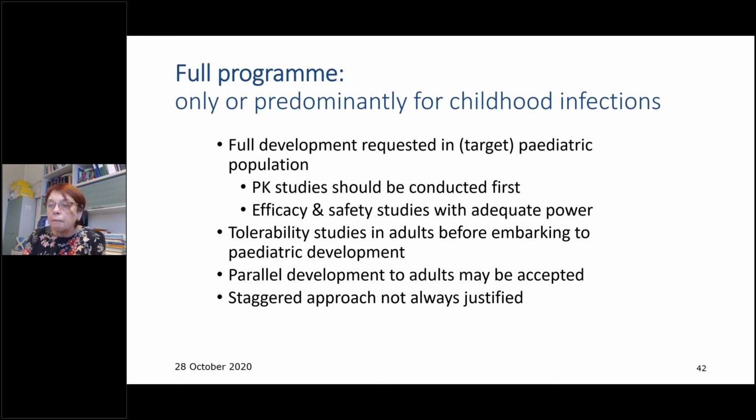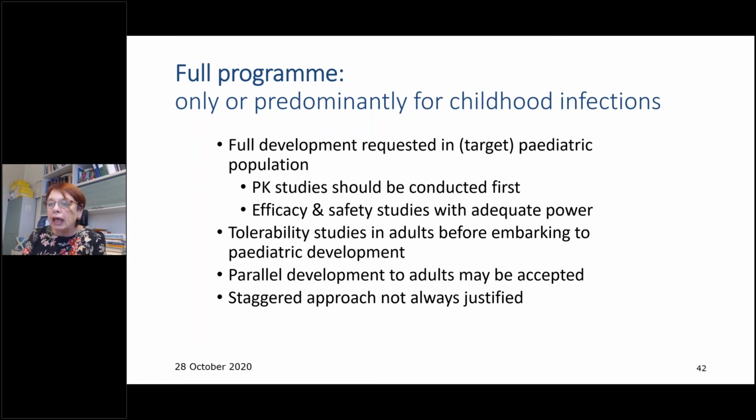And more, the pediatric committee of the European Medicines Agency encourages companies to do parallel development. So if you already have first data in pediatric phase 1 trials, you already start thinking about how you will develop this drug in children.